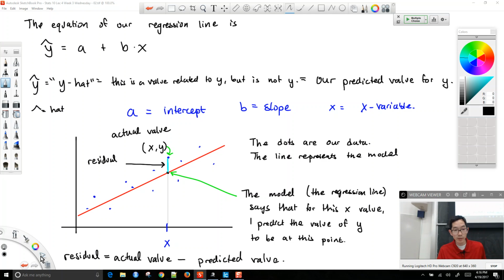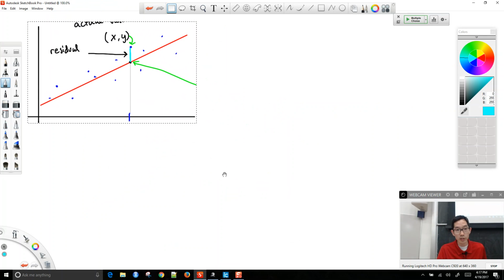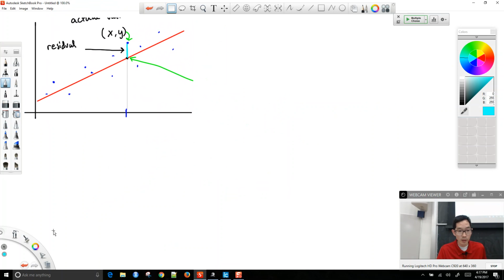So, when we have a model, we're going to have actual values, and we've got predictions, and we have residuals. So that means every single one of these data points, every single one has a residual associated with it. Okay, let me go to the next slide here, and then just copy this image over.